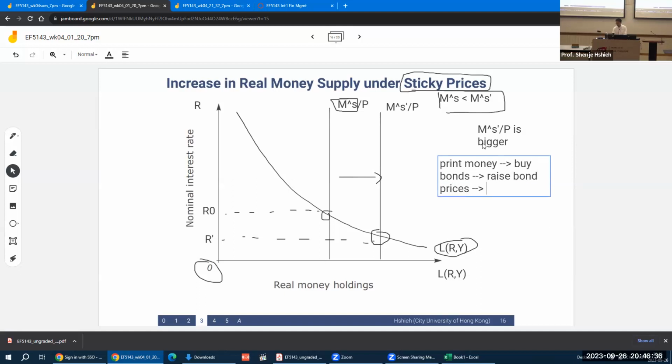And when bond prices rise, bond yields or interest rates decrease. That's the economics. And remember, sticky prices means P is constant. It doesn't change.